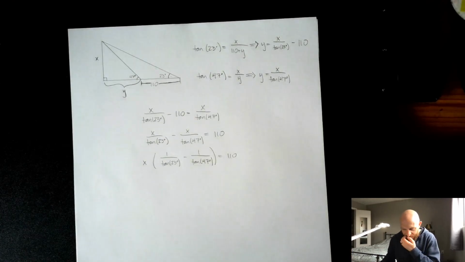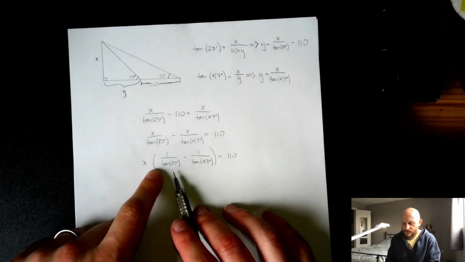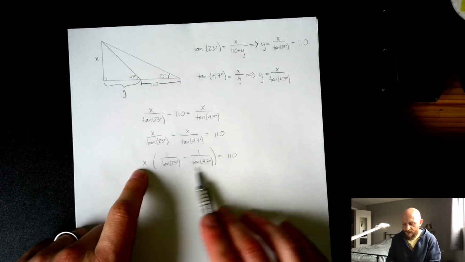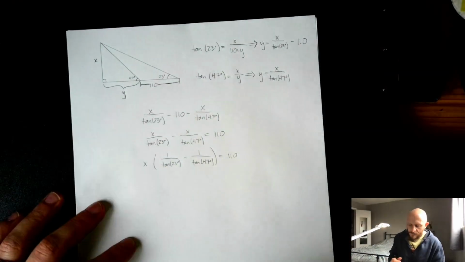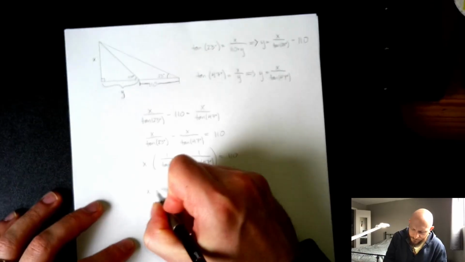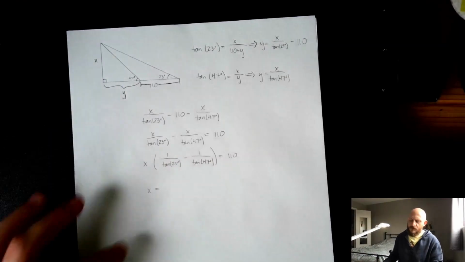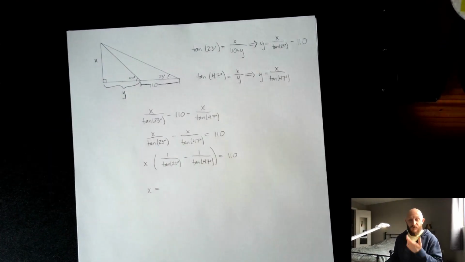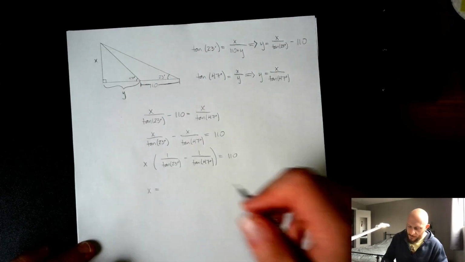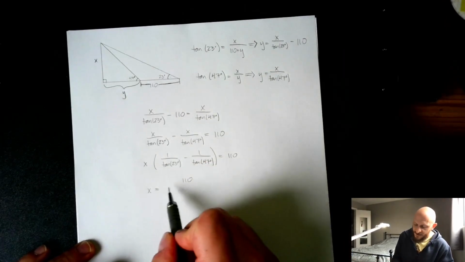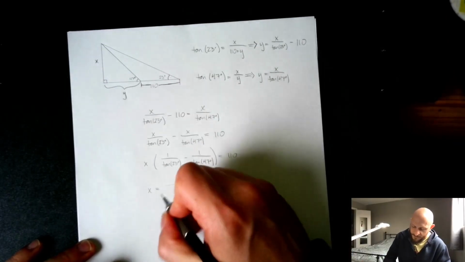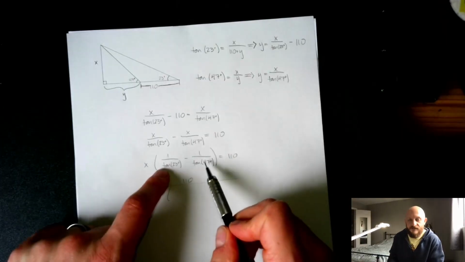All right. So the very last thing that we would need to do is essentially we need to calculate this all out and divide it over. So x equals, I'm gonna write this kind of funny, but just to give you an idea of what I'm going to be doing, it's going to be 110 divided by all of this, because this is just some number.